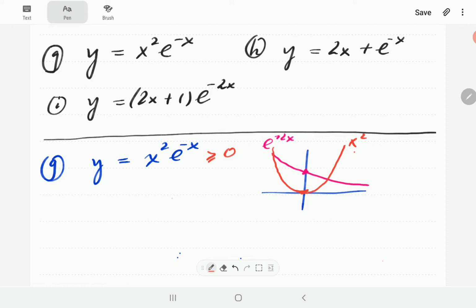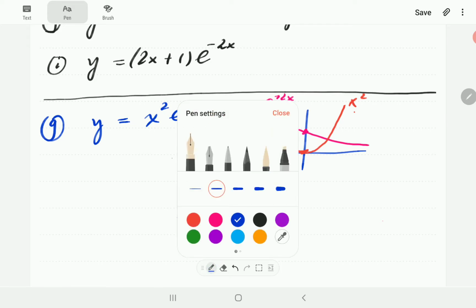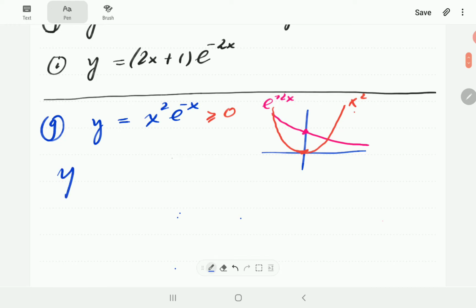Its graph should entirely be above the x-axis, just like it is the case with these two graphs here.